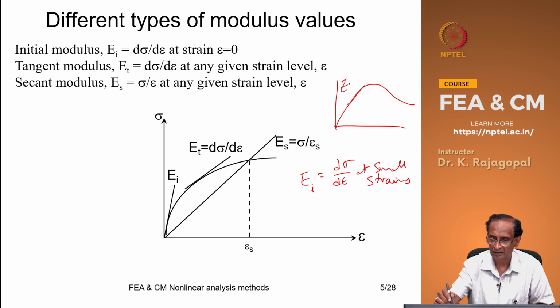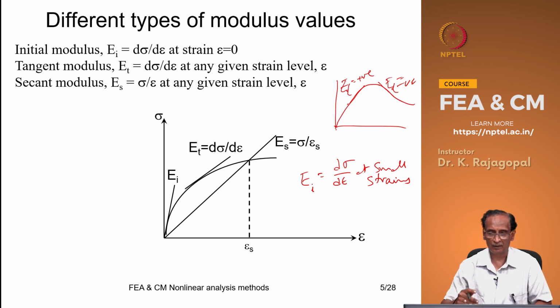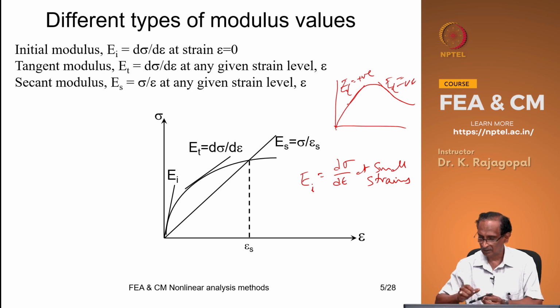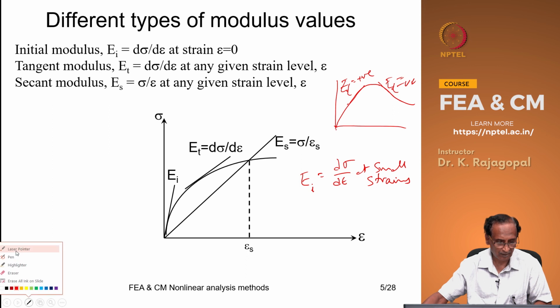Your E_t is positive in the strain hardening part, but here E_t is negative in the strain softening part, and if you try to apply the tangent modulus method for the strain softening part, you might have negative modulus, so negative stiffness coefficients, and then you may not be able to solve the system of equations.